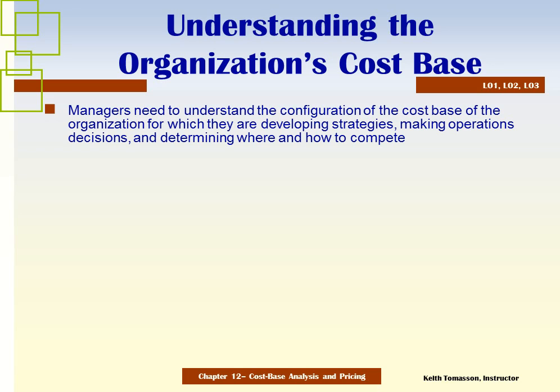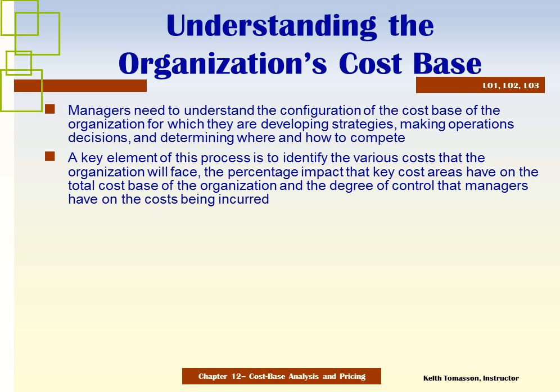So when operating a business, one of the things that managers need to understand is the cost structure of their organization. So whether they're developing new strategies or making operating decisions, determining where and how to compete, understanding the costs within our organization, the cost to produce our goods or services, is critical.